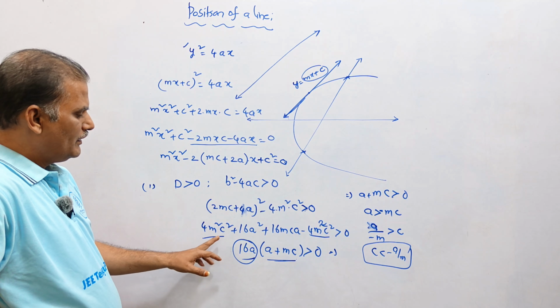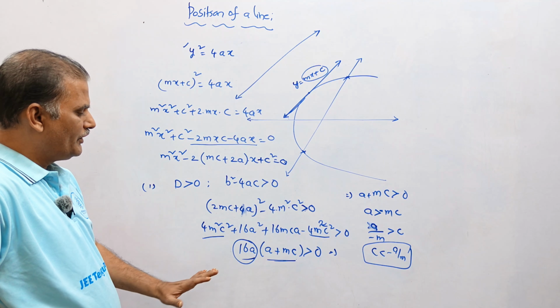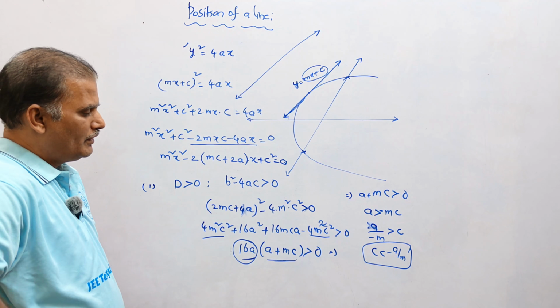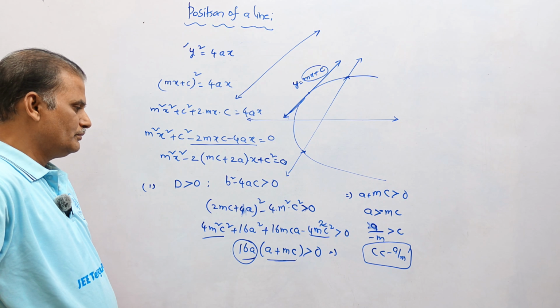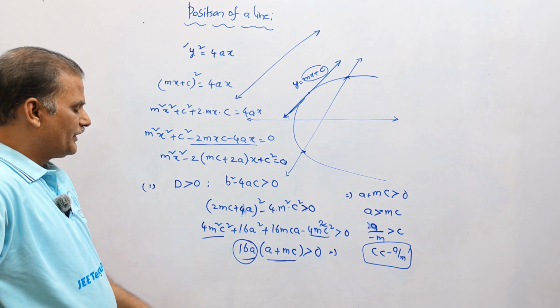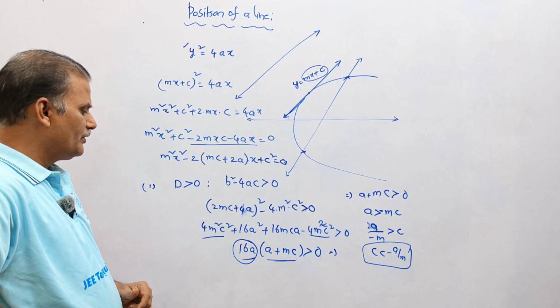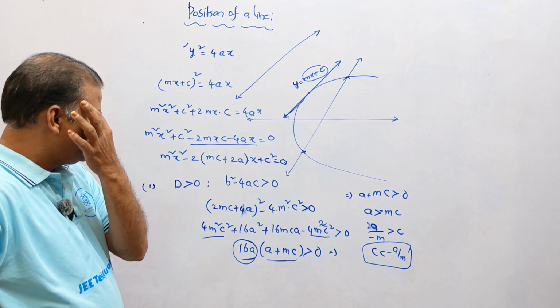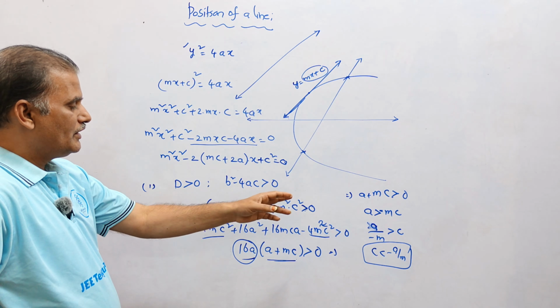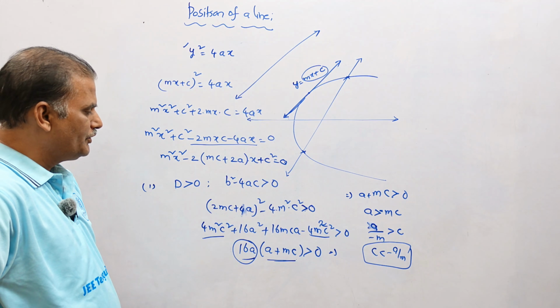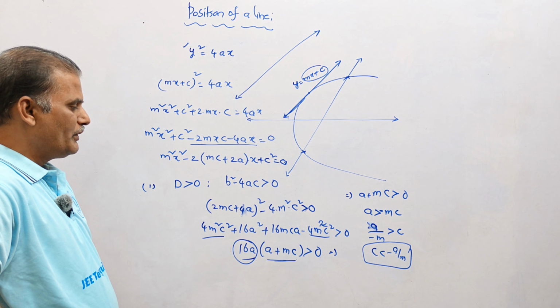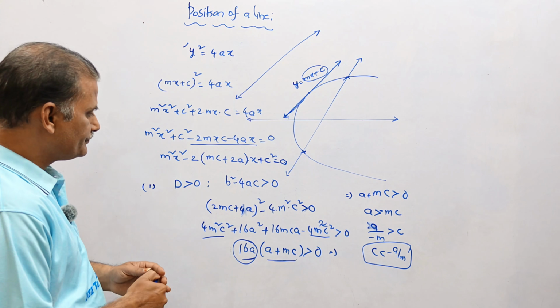Then we can apply (a plus b) whole square, then you get a plus mc greater than 0. Next, if D is equal to 0, it is nothing but a minus cm is equal to 0.